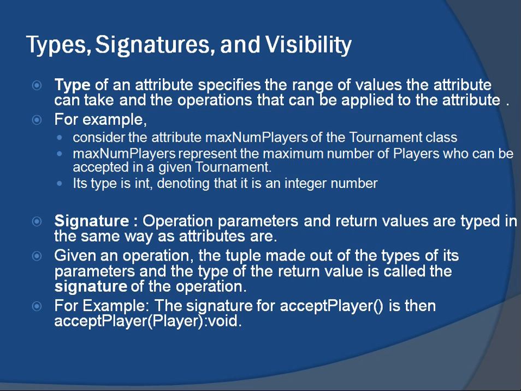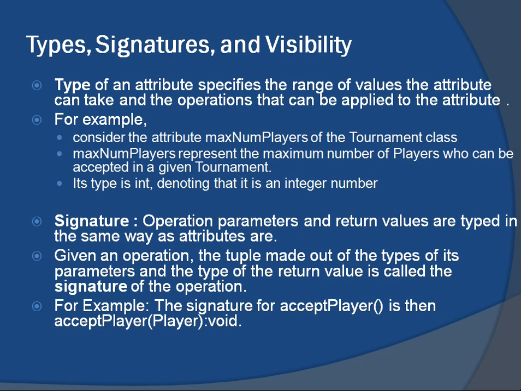Here we have a tournament class, so the maximum number of players that can be included in a tournament is given by the attribute maxNumPlayer. This attribute represents the maximum number of players who can be accepted in a given tournament. Its type is integer, denoting that it is an integer number.